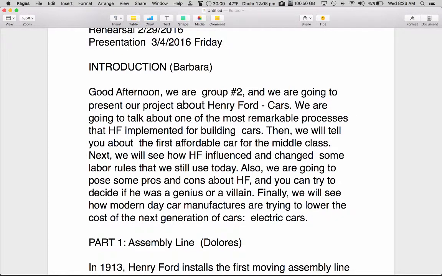Finally, we will see how modern-day car manufacturers are trying to lower the cost of the next generation of cars, electric cars.